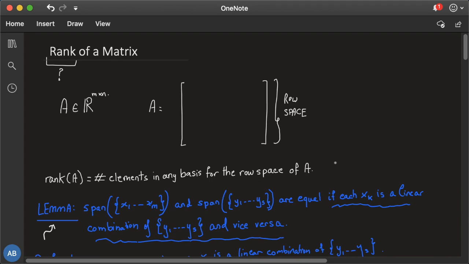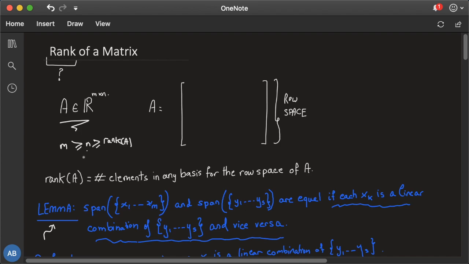For example, if A is rectangular, as you see over here, and M is greater than or equal to N, that is, the matrix is tall. The opposite of tall is fat, when N is greater than M. Let's restrict ourselves to this case. Then rank A should be less than or equal to the minimum.